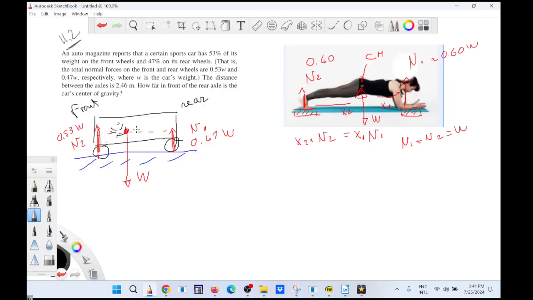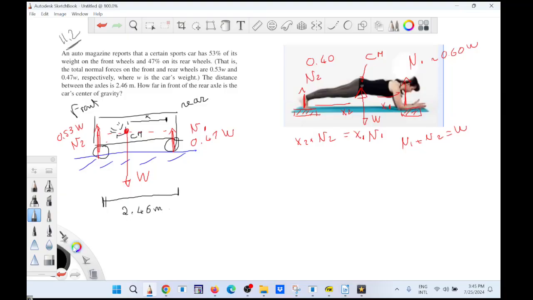And so the total distance here is 2.46 meters. And the distance here is x. That's what I want to find, and that will be the center of mass, right? So you can already see that distance will be 53% of that.